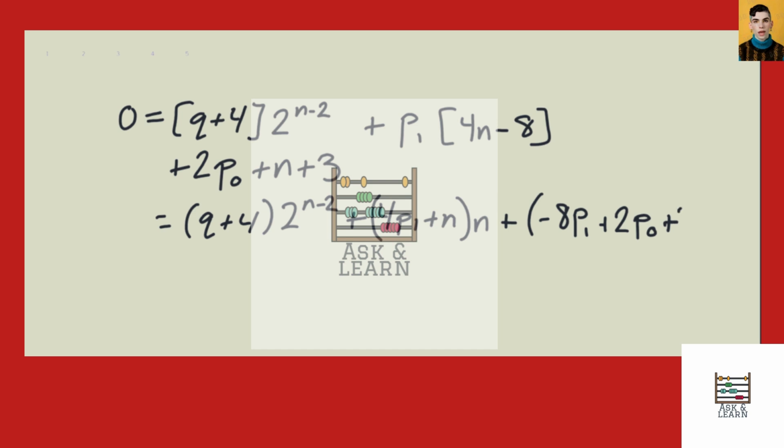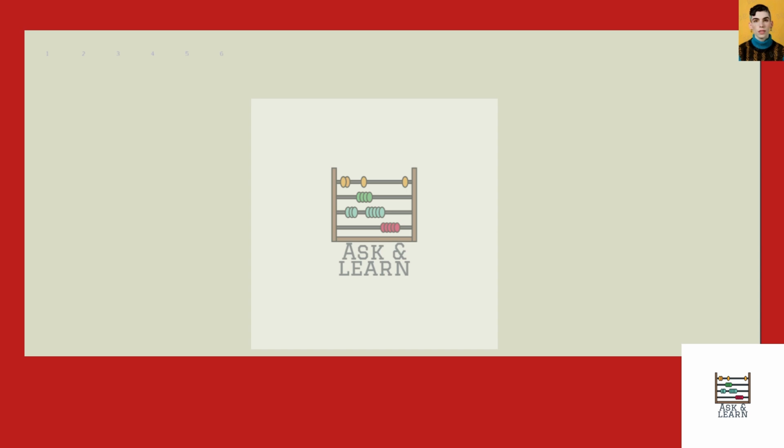So now we're sort of doing it in terms of n's, right? So we have 2 to the power of n, times n, and no n involved. Okay, and we know that in this instance, the coefficients have to be 0 for this to equal 0. And so we get a system of equations.